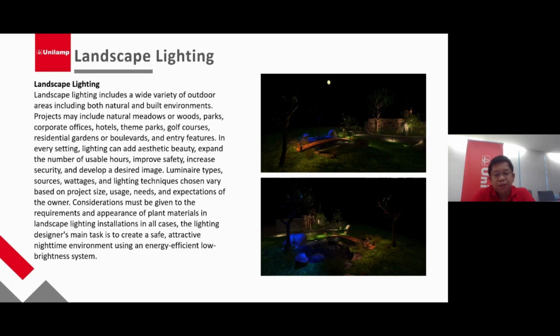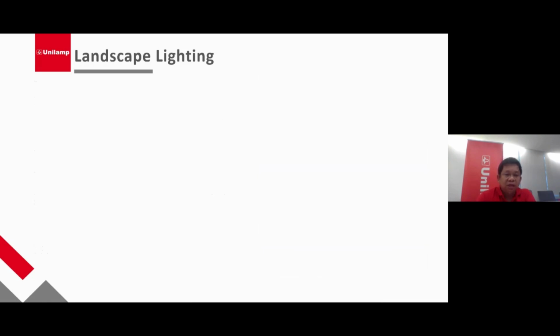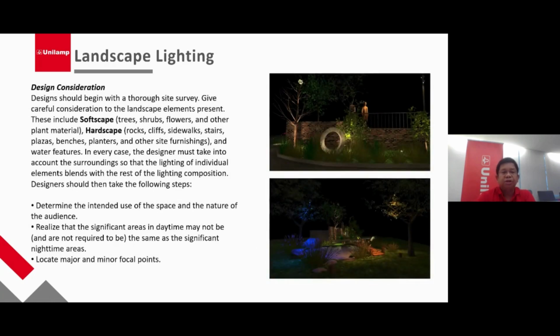So when we do the design, we need to analyze everything. It must be energy efficient. Nowadays, the lumen per watt requirement is quite in demand. And for design considerations, landscape is segregated into two categories. The first is softscape, which covers how you light up trees, shrubs, flowers, and other plant materials.